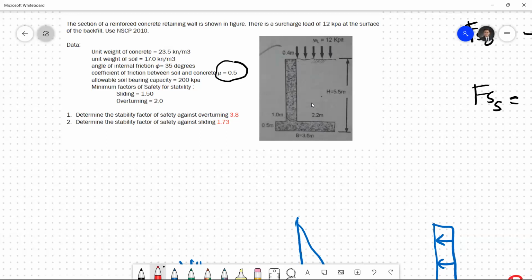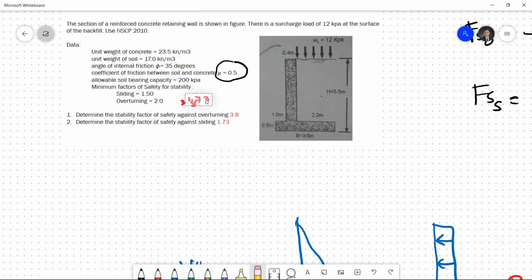To determine if that is adequate, we need to check the minimum factor of safety for stability. So our answer for sliding is 1.73 and our answer for overturning is 3.8. That is above the minimum factor of safety. Therefore, our retaining wall is adequate to carry this surcharge load of 12 kPa.